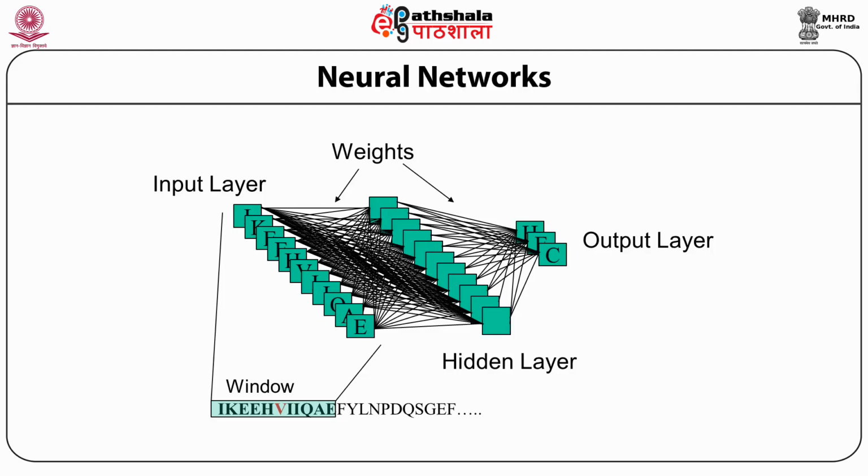But while this information is transmitted, it might be reduced in intensity or increased in intensity or modulated in certain ways, and this is done by a series of weights. Now for correct prediction, what one has to do is find the right set of weights, both between the input and the hidden, and between the hidden and the output layers, so that for a given sequence, it gives you the correct signal to the correct neuron.